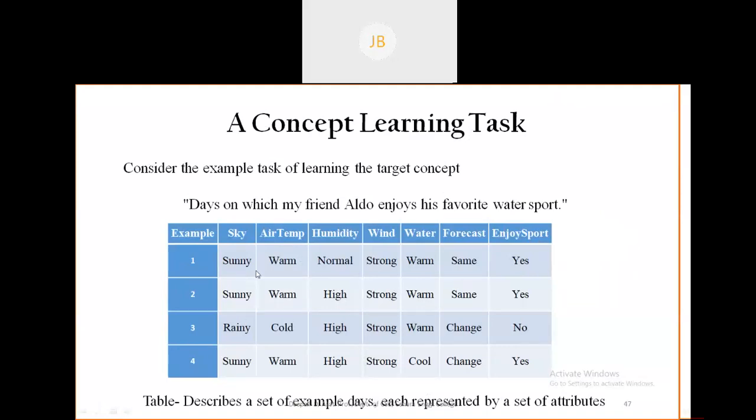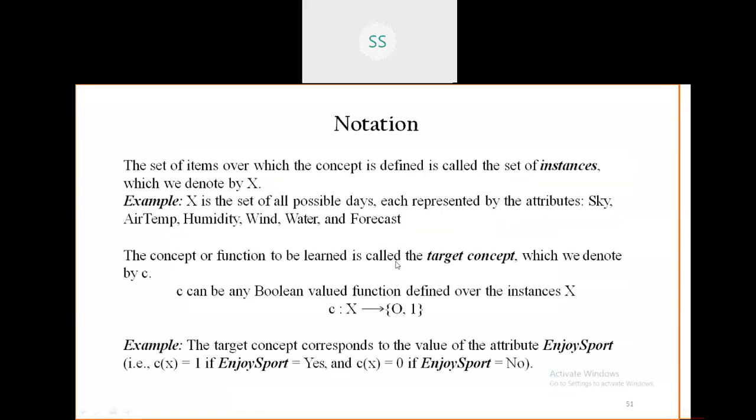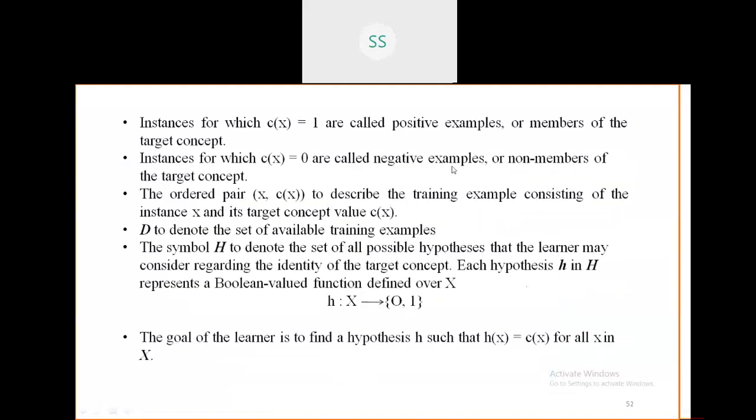Why is it three? These three items do not meet the hypothesis, that's why they are treated as negative examples, also called non-members of the target concept.